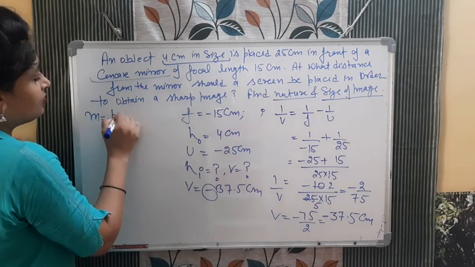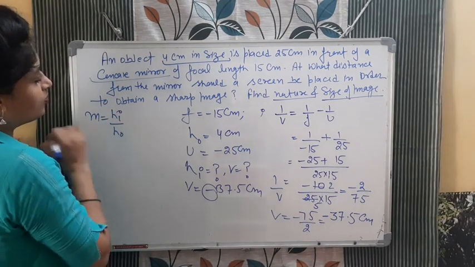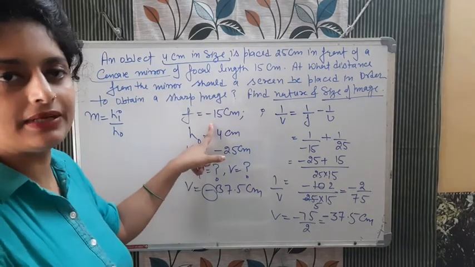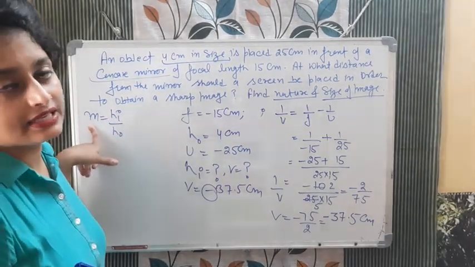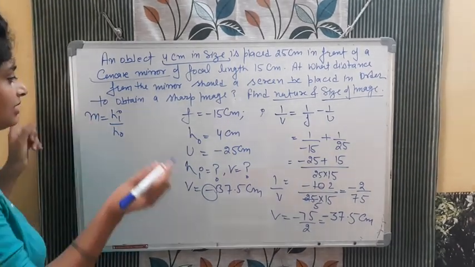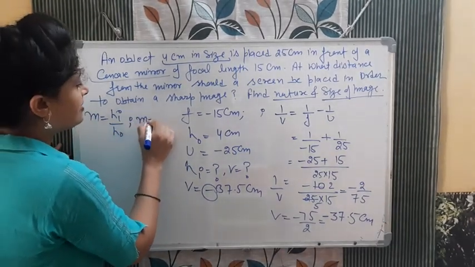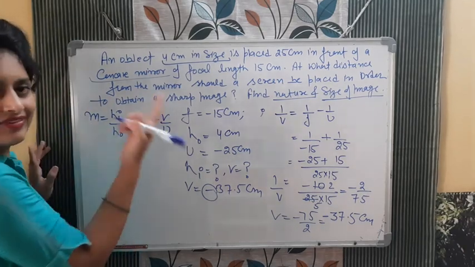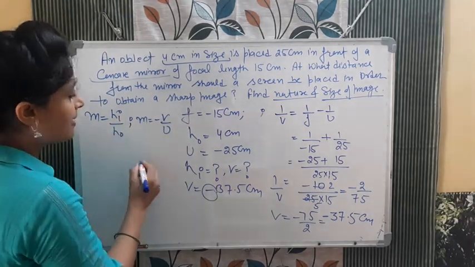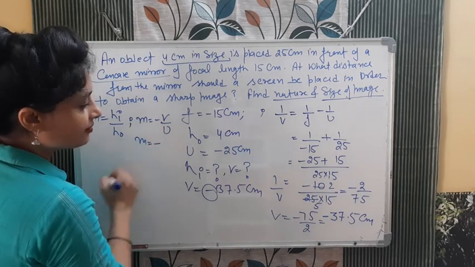M is equal to height of image divided by height of object. Height of object हमें पता है, height of image we need to find out. M का हमें नहीं पता कि क्या है. So we need to calculate M with another formula, that is minus v by u. Firstly we will calculate M, then we will put the value here and we will calculate hi. So M is equal to what now? Minus v.